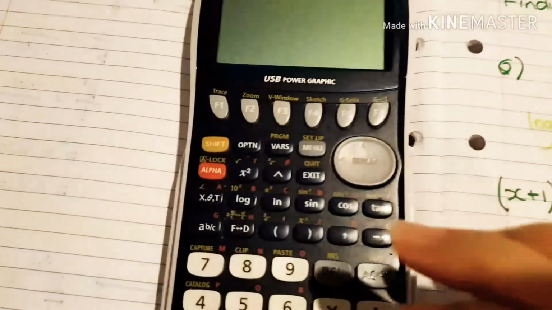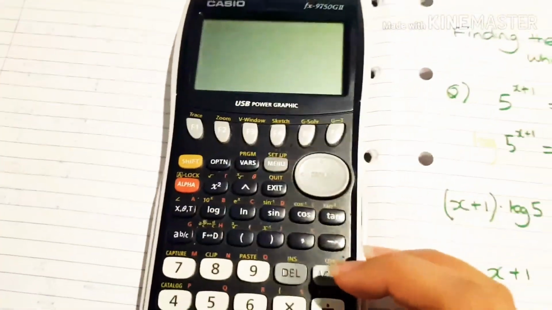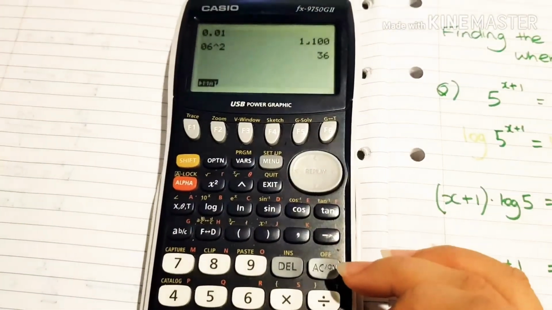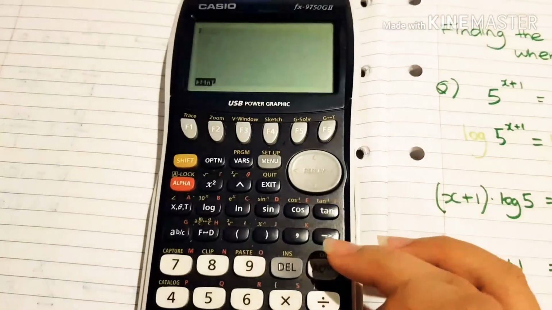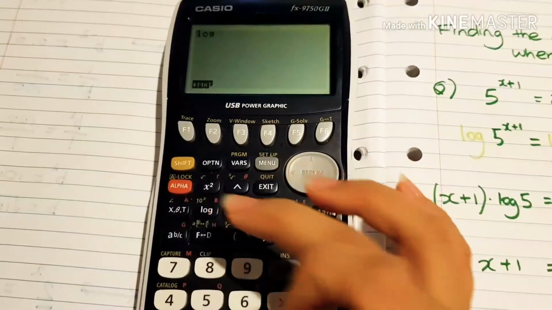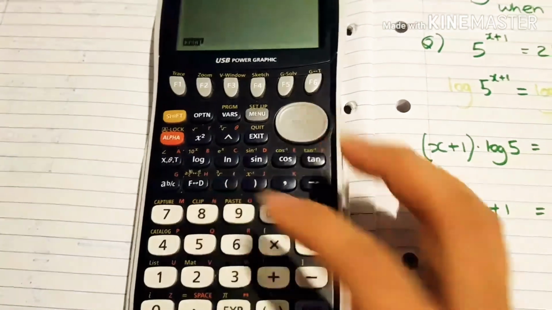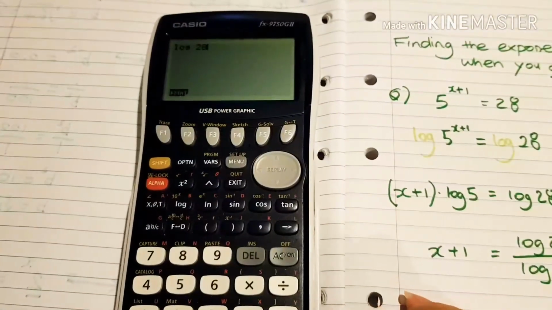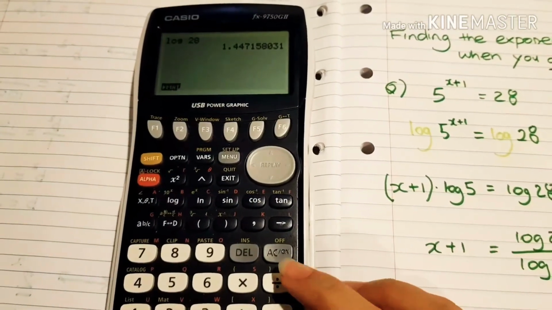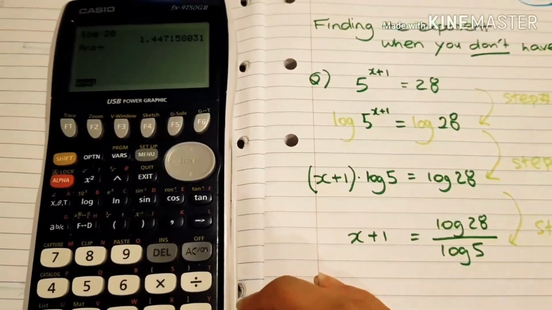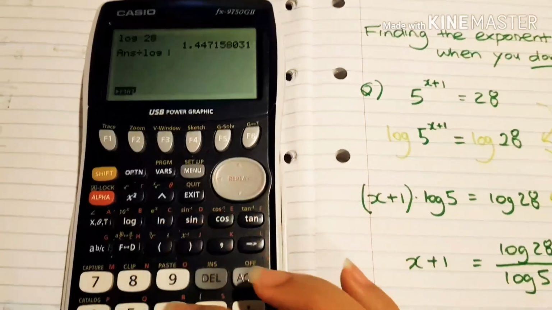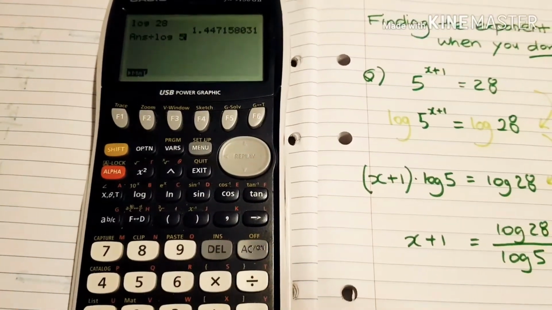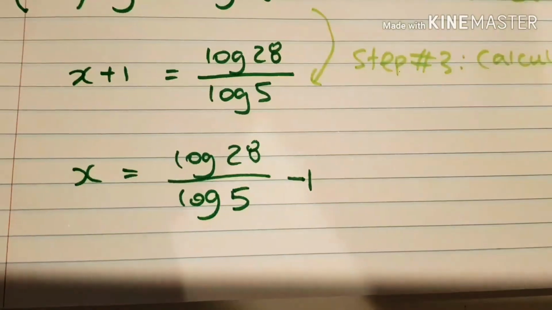So let's have a go. Log 28. Okay, I'm going to press enter. And then I'm going to divide by log 5. There you go.